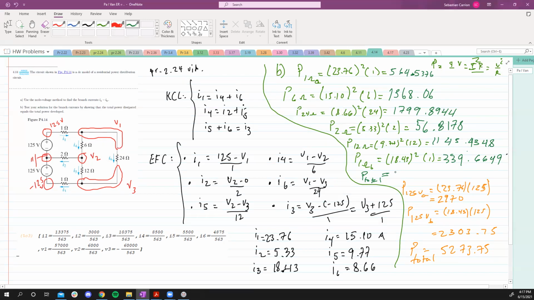so our total power developed or dissipated would be, I think I'm doing something wrong. Maybe I have to round. Yeah, let me take these out, make this a 2, make this a 4, make that one a 7.